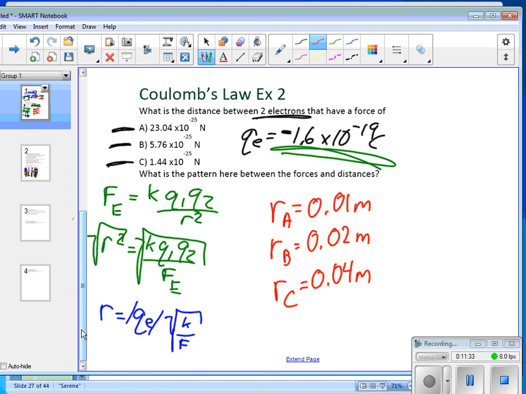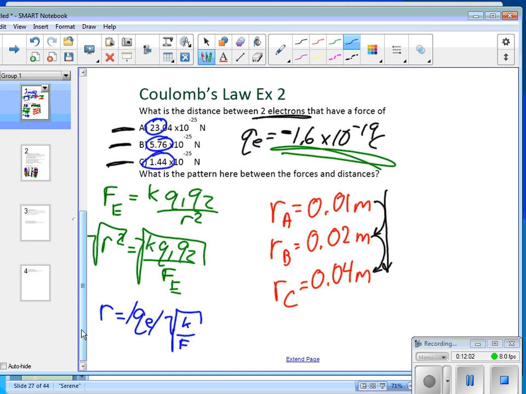Well, hopefully it's rather obvious what type of pattern we have here. It is getting larger, and it is doubling. Going from 0.01 to 0.02, I'm doubling. 0.02 to 0.04, I'm doubling. That mystery is solved. But what is happening over here with these forces?